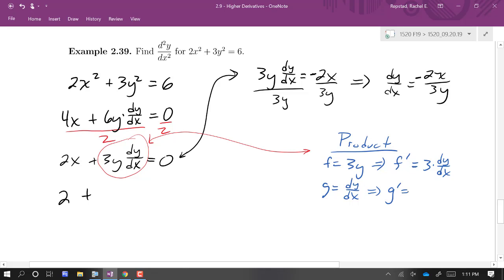I guess I'm asking, what is the derivative of dy/dx? You have to do the quotient, negative 2x over 3y. No, it's the second derivative. It's the second derivative, yeah. The derivative of the derivative is the second derivative.